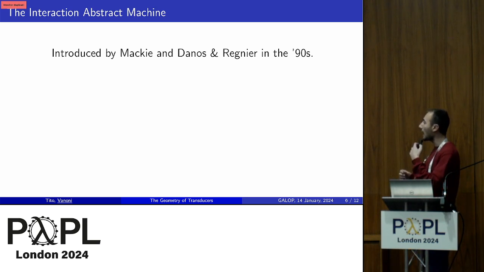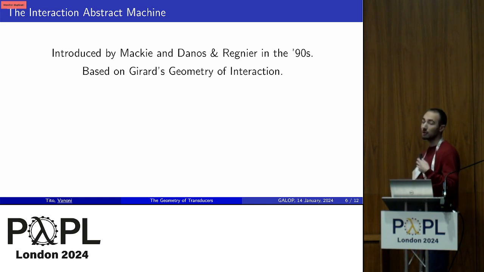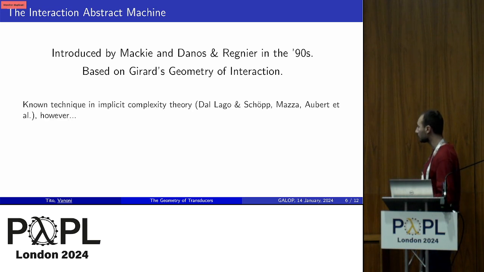It was introduced by Danos and Regnier in the 90s, and it was based on the Girard geometry of interaction, so it is very well founded in theory, let's say in the proof theory of linear logic, and it has a nice categorical model, so it is a canonical object somehow.